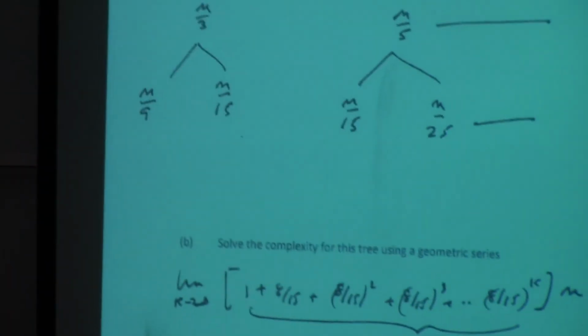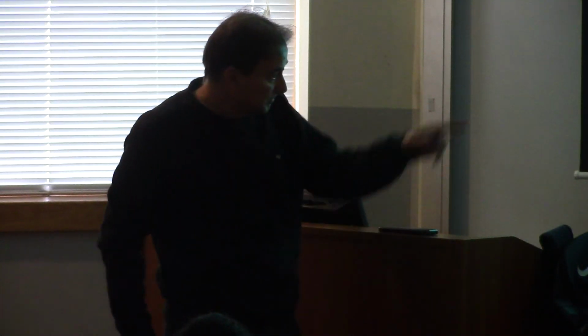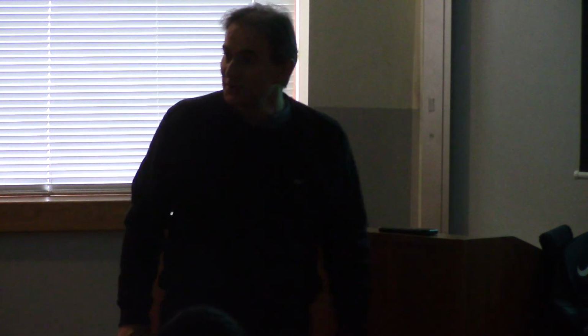And what happened was that the sum of the work converged to a constant times n. So this result, 15 over 7n, we will never see 15 over 7n work. But as n becomes larger and larger, it will approach 15 over 7n.